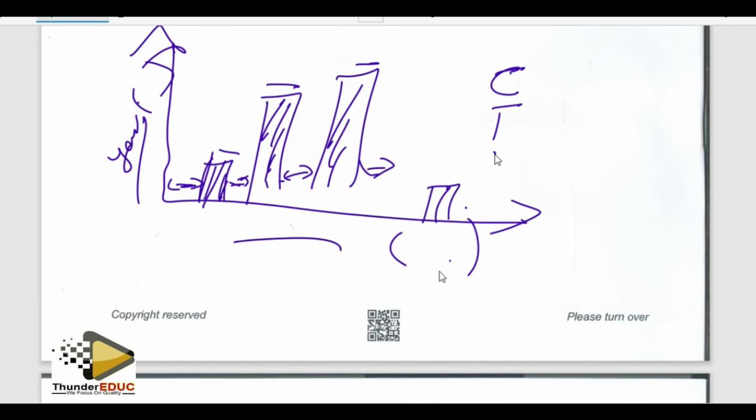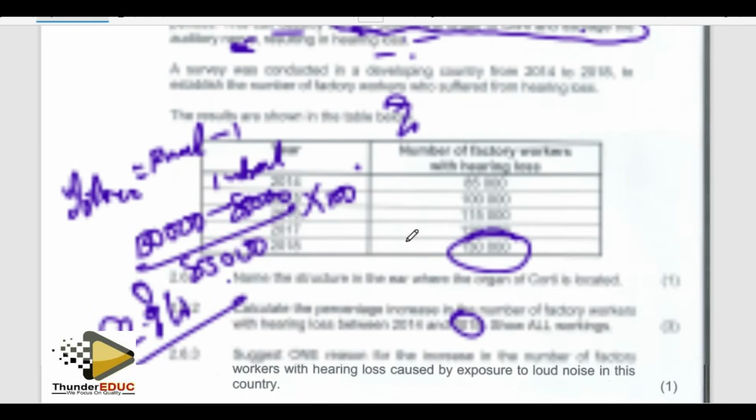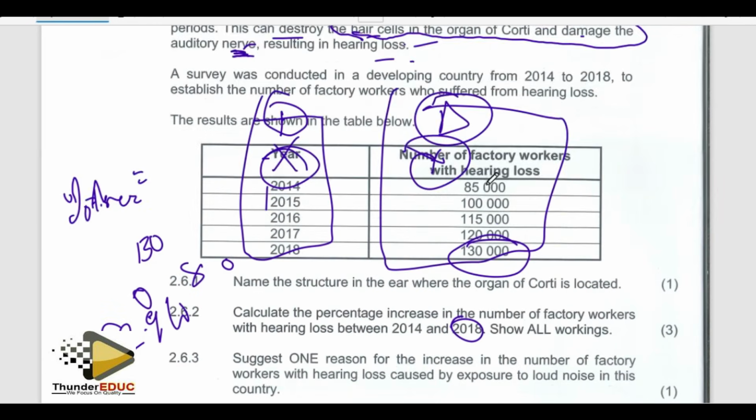We mark the plotting, we mark the axis. Yes, we mark the axis, x and y, and then also mark the scale. Make sure that if you start 0, 2, 4... for in this case, it's going to be what? It can't start from 0. Why? Because it's not that big.